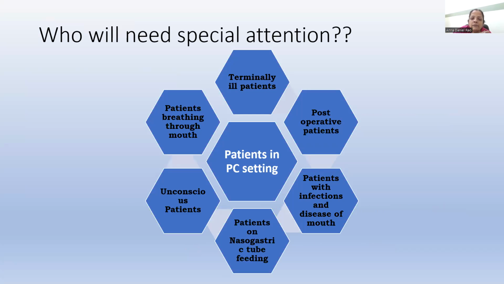So in palliative care, who are the patients who will require good care of their mouth? Our patients may be terminally ill patients, there can be post-operative patients also. Patients who have diseases and infections in the mouth, patients who are on NG tube feeding also require regular care.